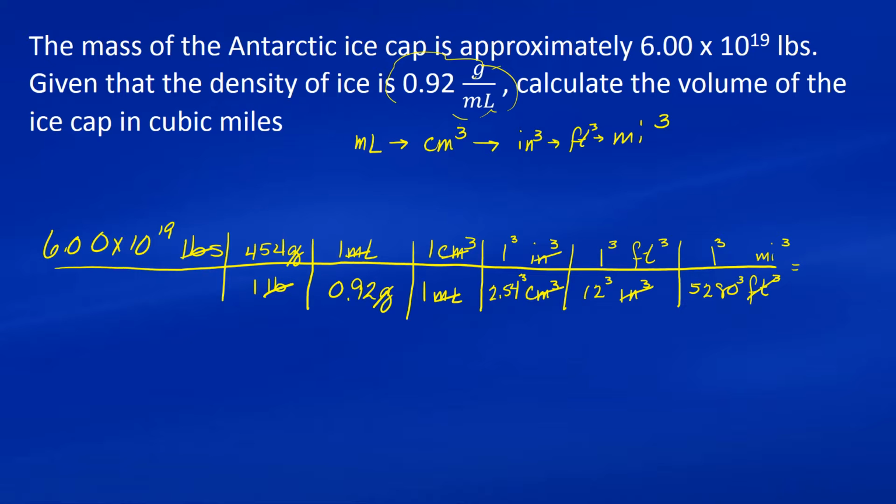And that made feet cubed cancel. I'm now left with the only standing unit of miles cubed, and I'm ready to use my calculator. I'm definitely going to put this number into scientific notation. Well, we need 3 sig figs, so our final answer is 7.10 times 10 to the 6th miles cubed.